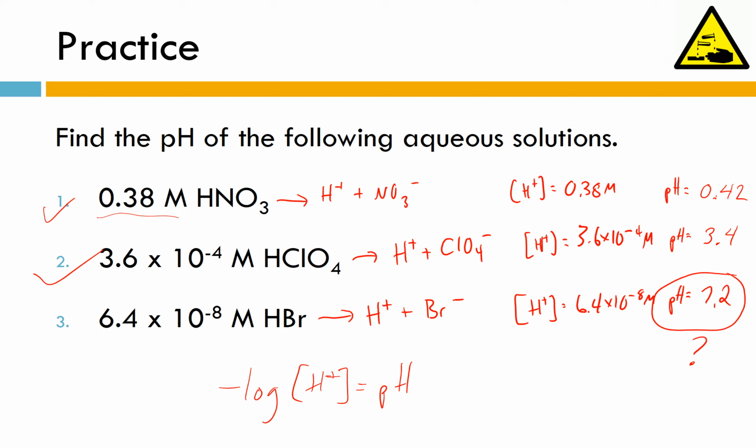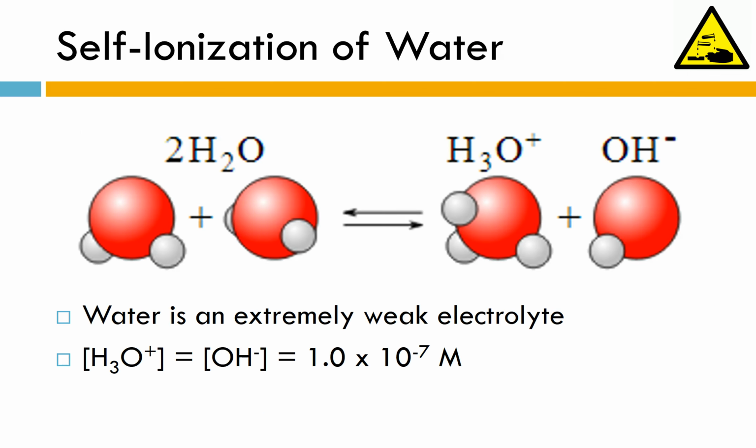So there's something else that we have to take into consideration when we're working with acids, and actually bases for that matter too, we'll talk more in a minute, at very, very low concentrations. And that is the self-ionization of water. Water actually is a very, very, very weak electrolyte.